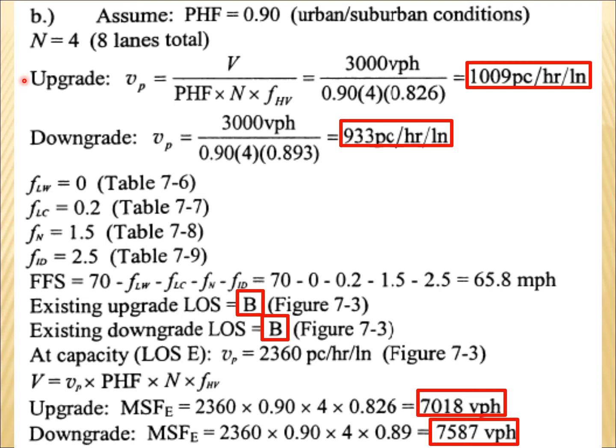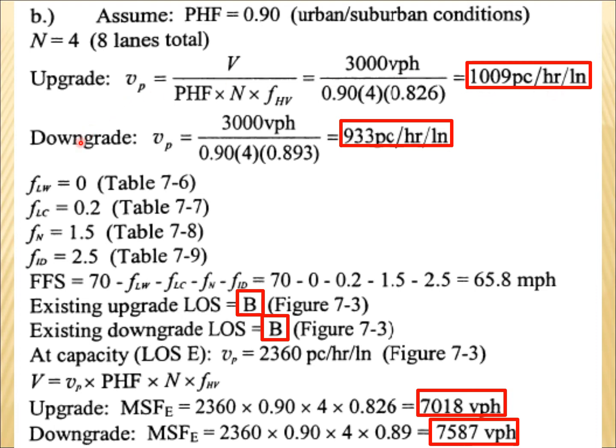In that particular case, V sub P, that is 15-minute passenger car flow rate, can be determined by using this formula. So by plugging the values, we have got V sub P, that is 1009 passenger car per hour per lane.